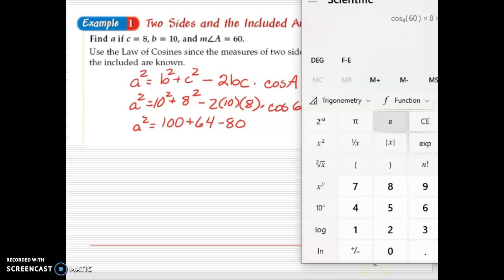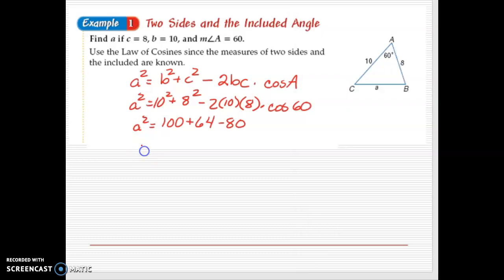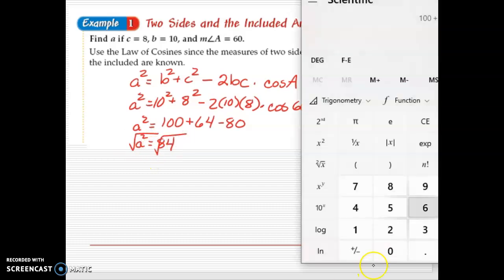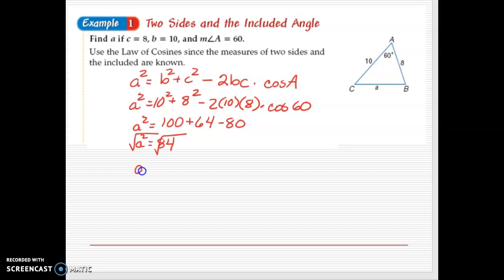So 100 plus 64 minus 80 is going to give you 84. So A squared equals 84. Take a square root of both sides. You know it's got to be around 9. So square root, and you get 9.2. So A is approximately 9.2. And that's how you find it.